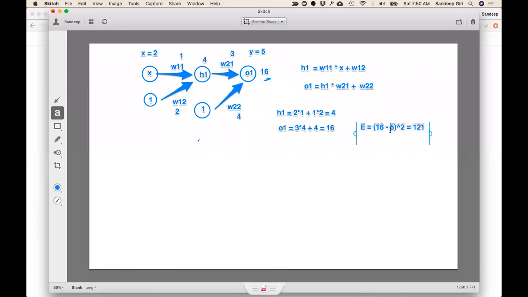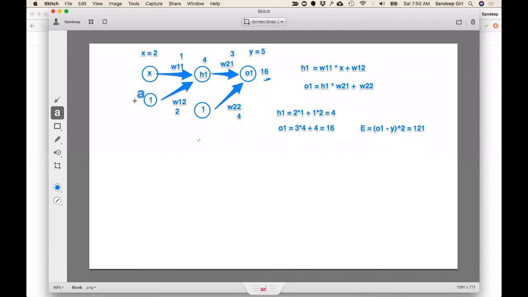Or let me put it correctly: we say (o1 minus y) squared. This is the error we have. Now we want to find out how these weights are impacting this error.